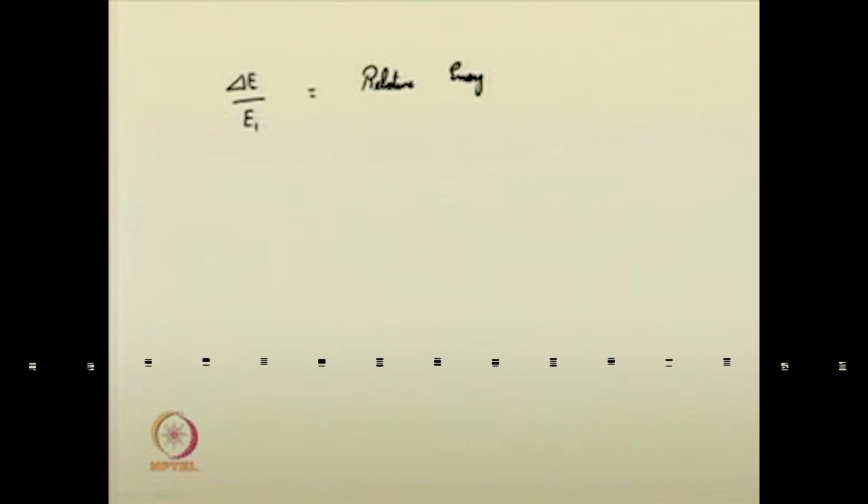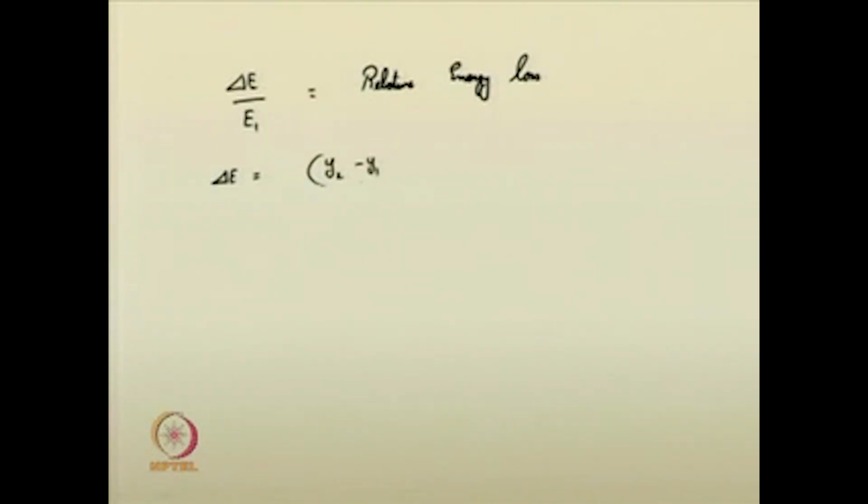Another non-dimensional quantity I can suggest is, say, the change in energy, which was already mentioned. This change in energy with respect to the upstream energy is called the relative energy loss. You know del E is equal to y 2 minus y 1 whole cube by 4 y 1 y 2. You have already derived that energy relationship.